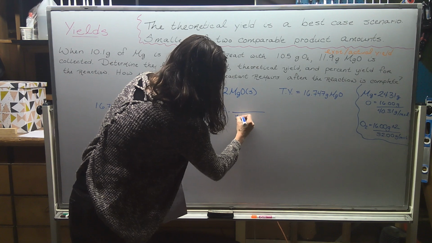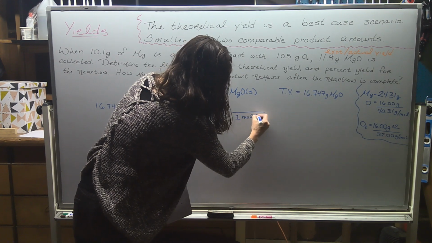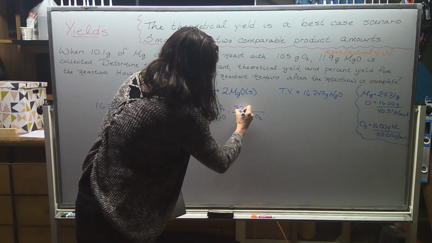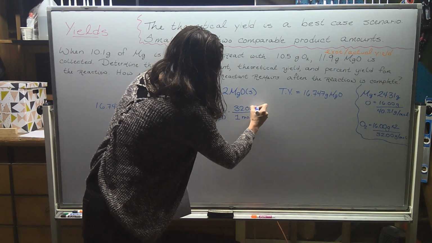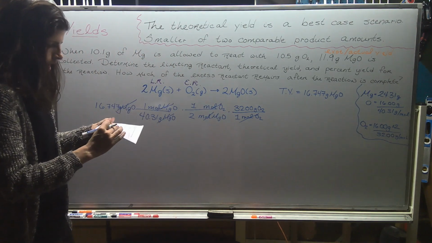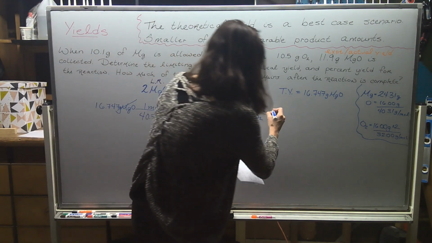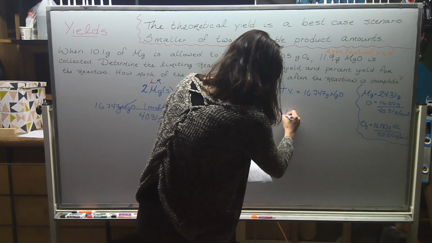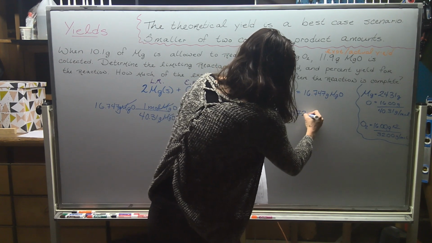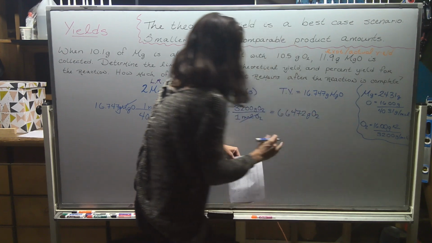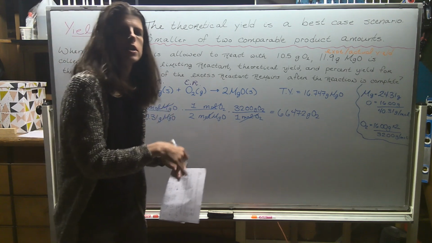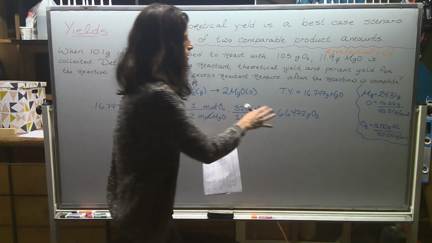So I'll do 1 mole of oxygen, so that this is canceling with this, and it's diatomic, so I know it has 32 grams. I got 6.6472 grams of oxygen.